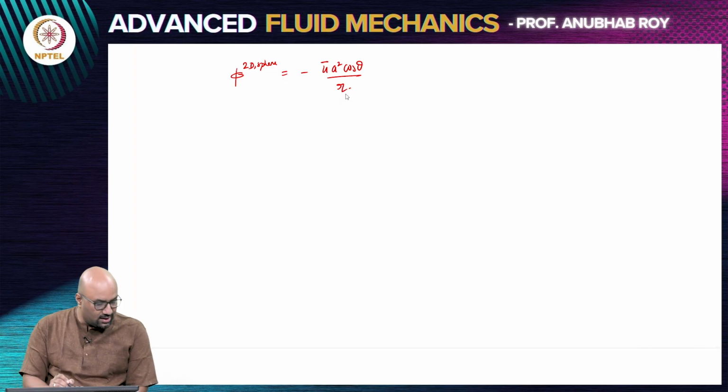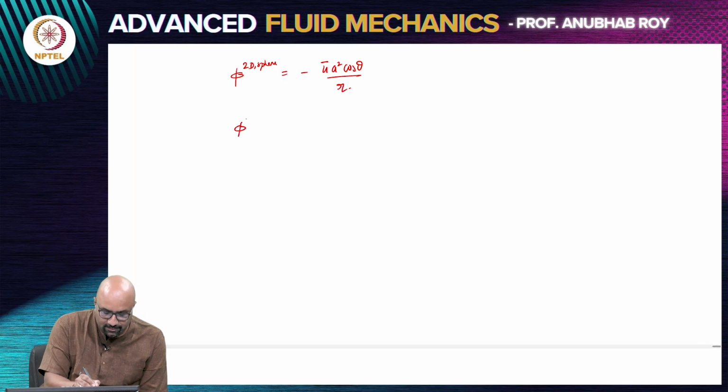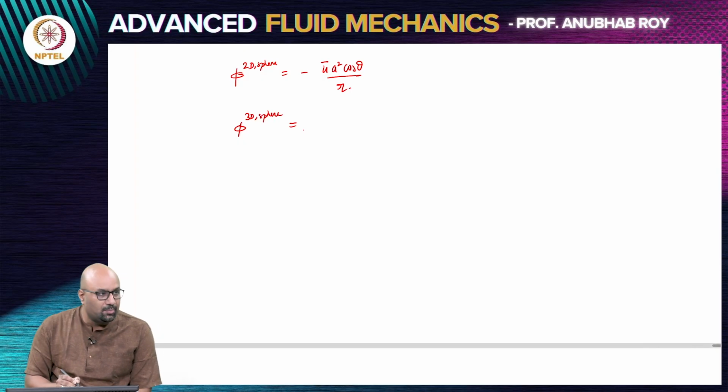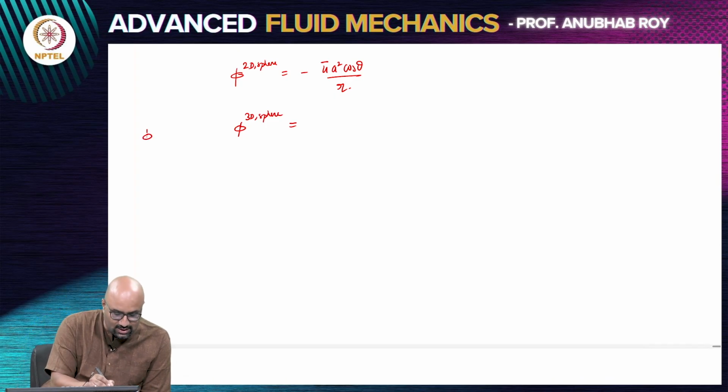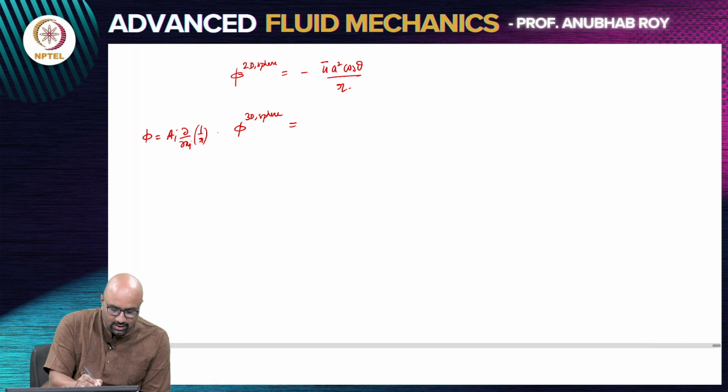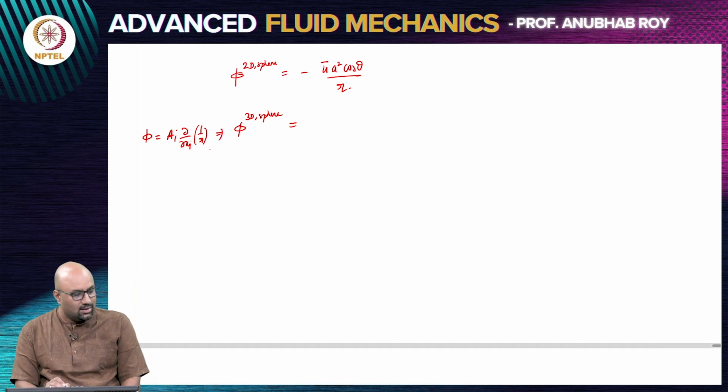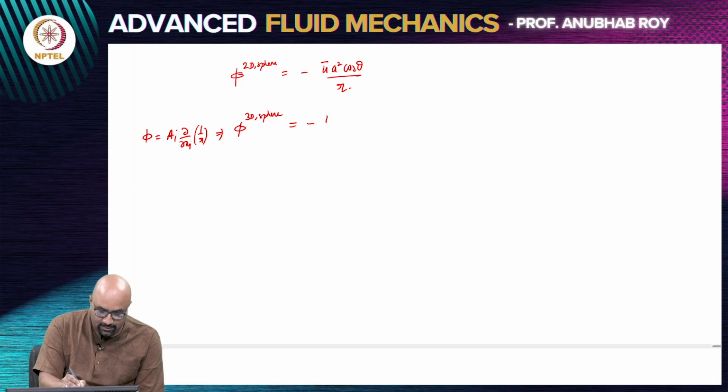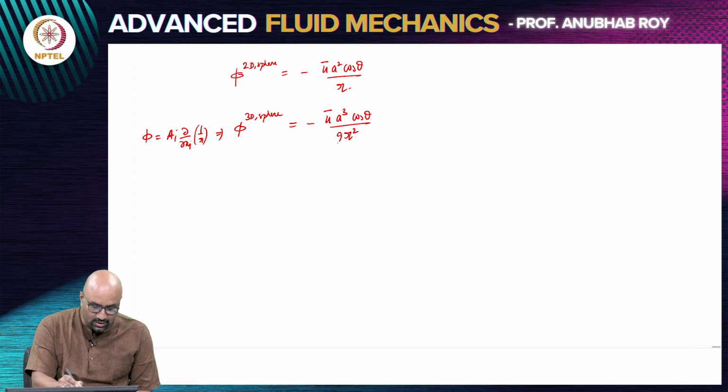Now if you do the same thing for 3D, you can repeat the same calculation. You start with a constant, apply the boundary condition, and after all that exercise you will have a solution that is minus u bar a cube cos theta by 2r square.